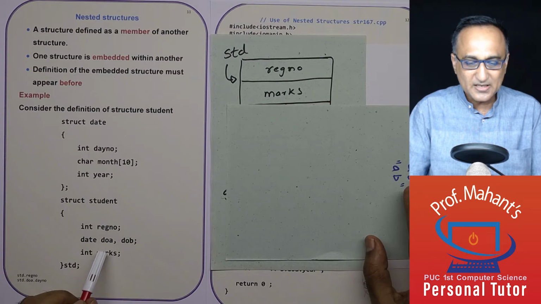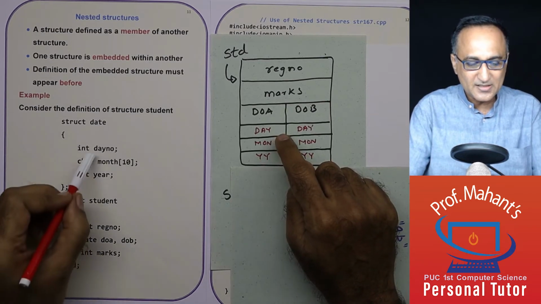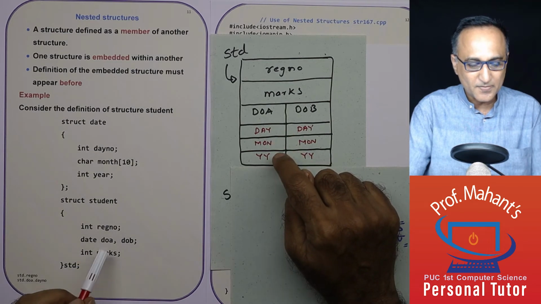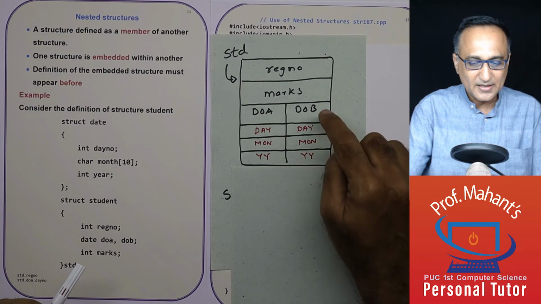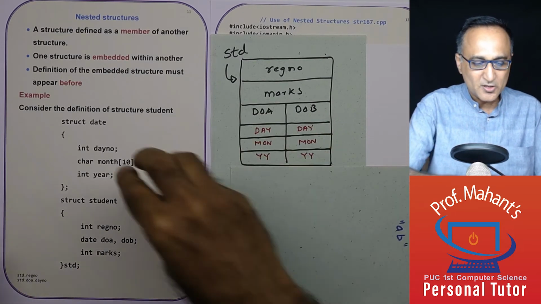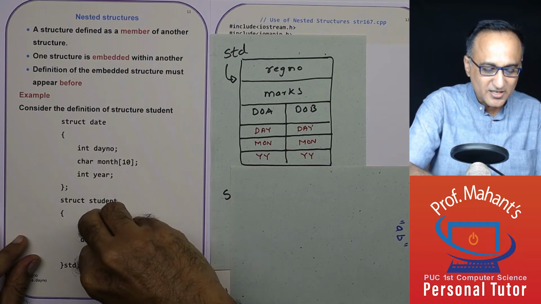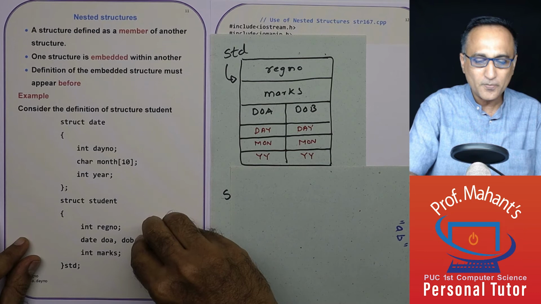So you can think of date of admission consisting of these three components shown here. Date of admission is going to be replaced by day, month, and year. Date of birth is also going to be replaced by day, month, and year. So this structure is inserted in place of DOA. This structure is again inserted in place of DOB.